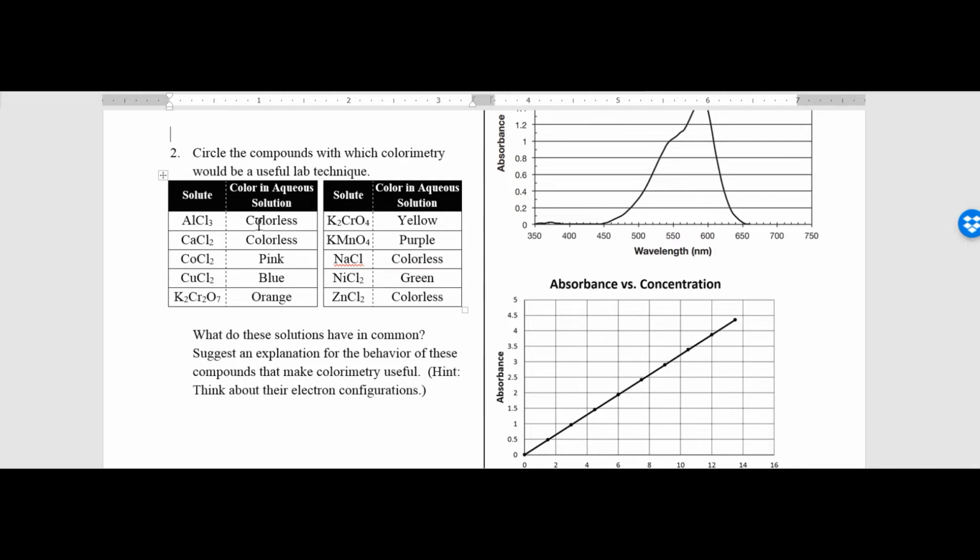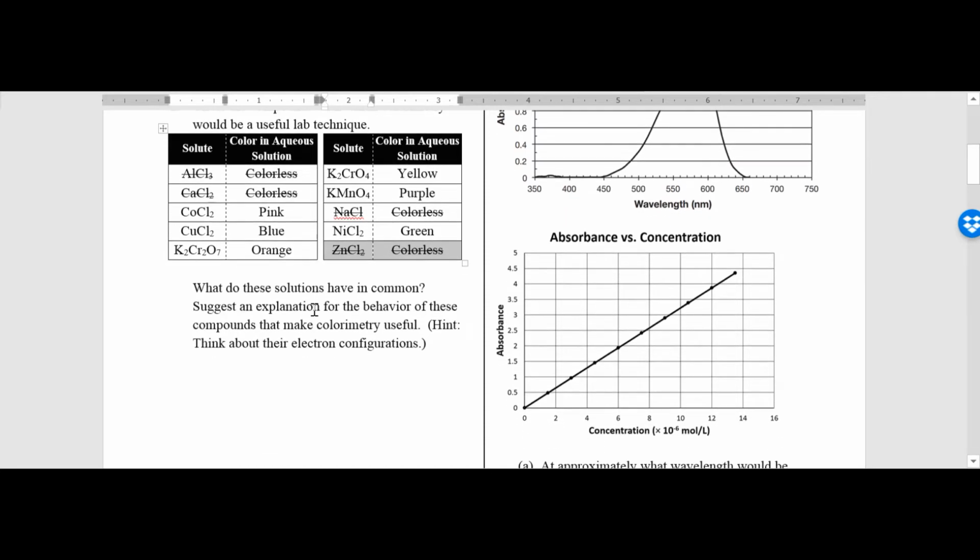Nothing will be absorbed into that solution, and if nothing's absorbed, then it's completely useless to use a colorimetry process on it. So any of the ones that are colorless do not count. Let me strike through those. All of these ones right here won't give us any information because light will just pass through them. Nothing will be absorbed, so we won't get an absorbance.